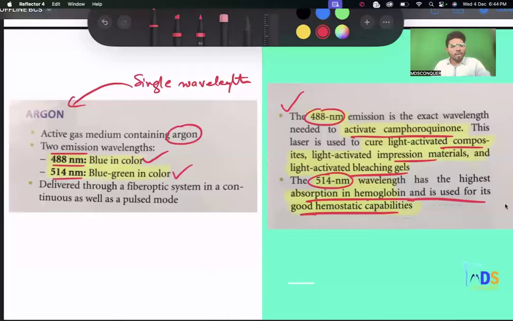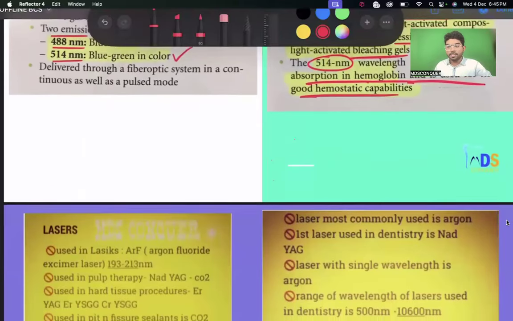What wavelength do you regularly use for composite curing? That is around 470 to 480. Which wavelength is regularly useful for blood hemostasis? That is on the other side, 514 nanometers.